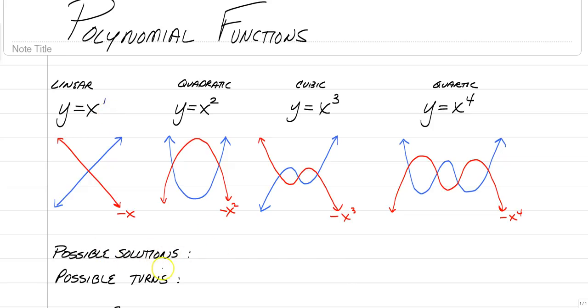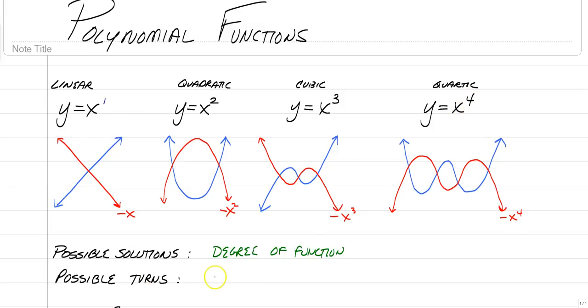So possible solutions versus possible terms. Possible solutions is the degree of the function. So x cubed has 3 possibilities. X to the fourth has 4 possibilities. Sometimes there's only 2, but there could be up to 4.